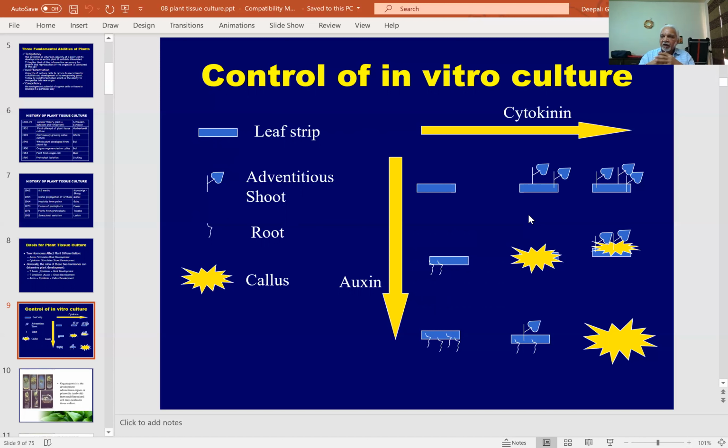So that's how the culture is controlled in vitro. But if it is the same, if the concentration of auxin and cytokinin is the same, then you have the callus formation.